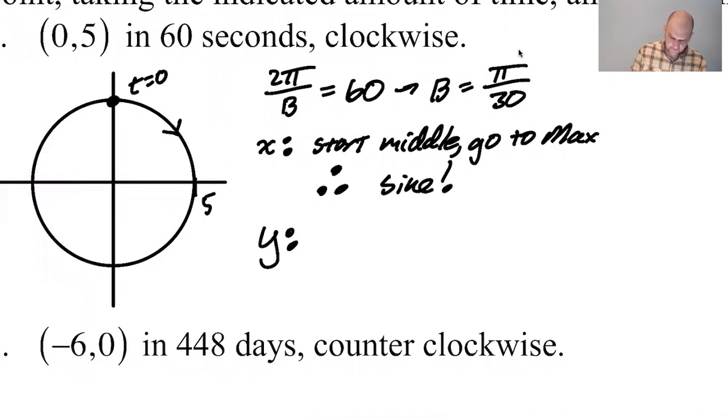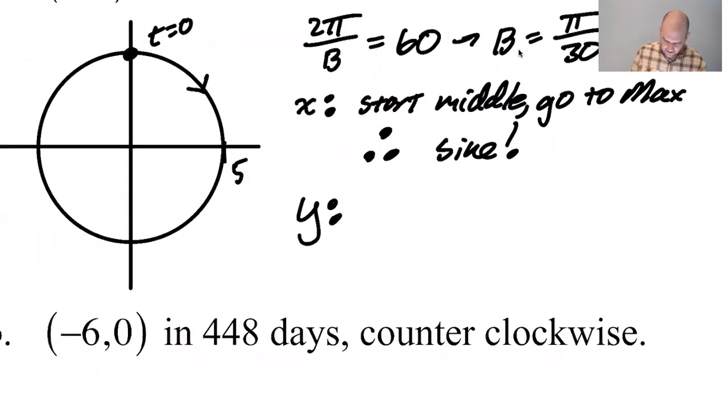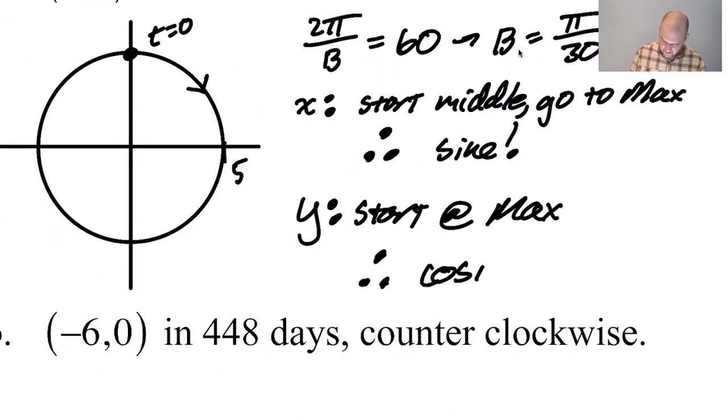Here's the middle. Here's the maximum y you can have. Here's the minimum. Y is going to start at a maximum and go toward the middle. If it starts at a maximum, you already know what it is. Therefore, it must be positive cosine, right? Because that's what they do.